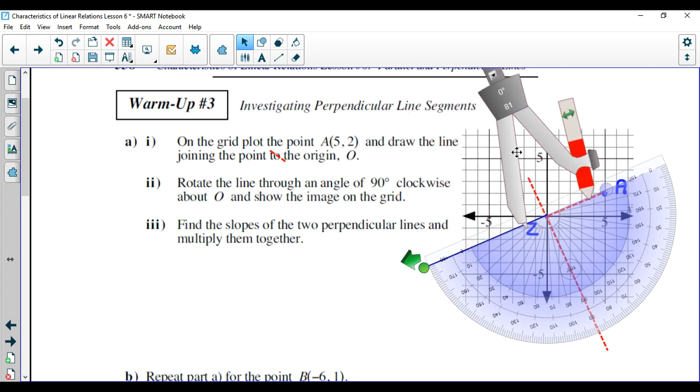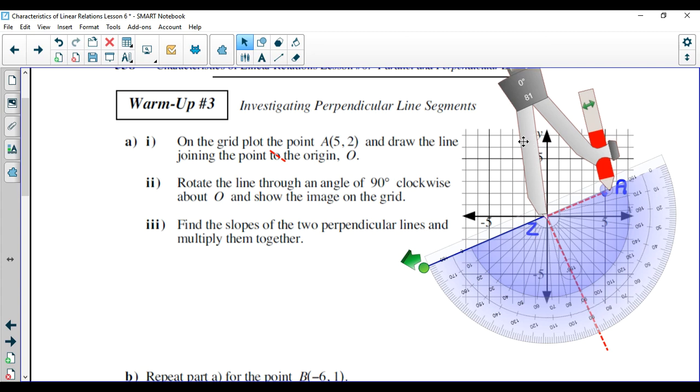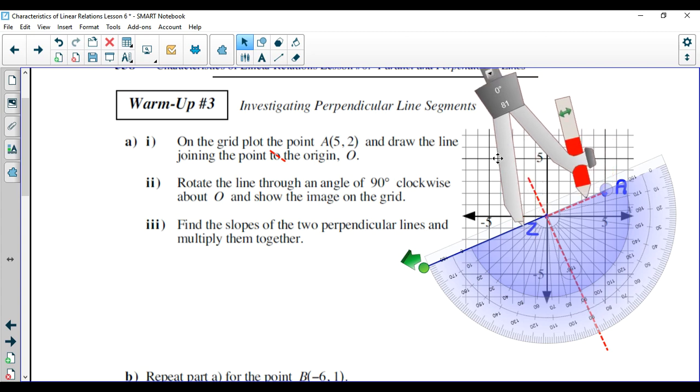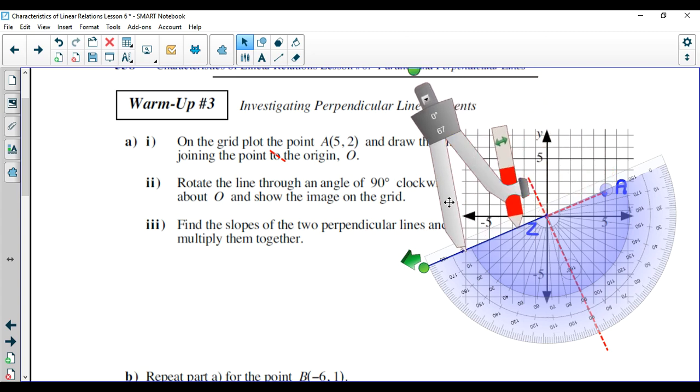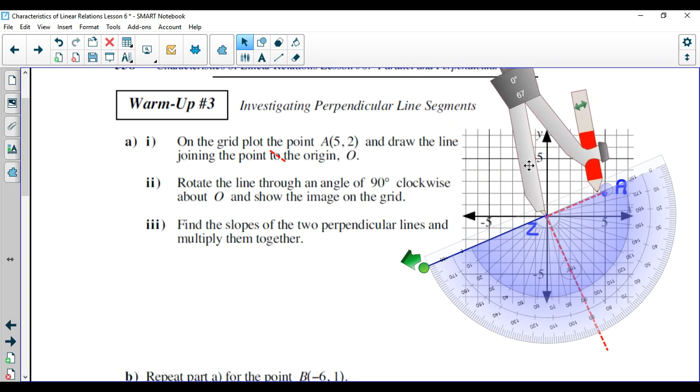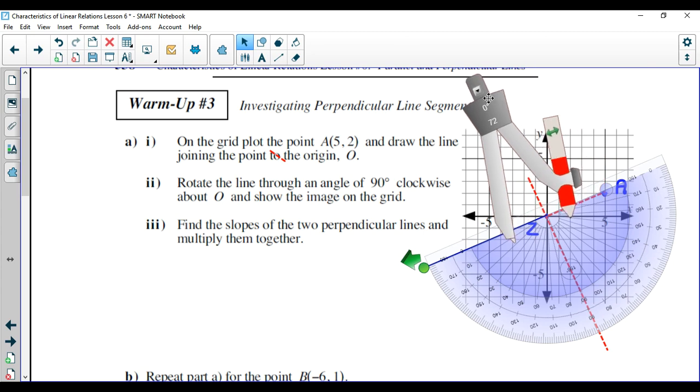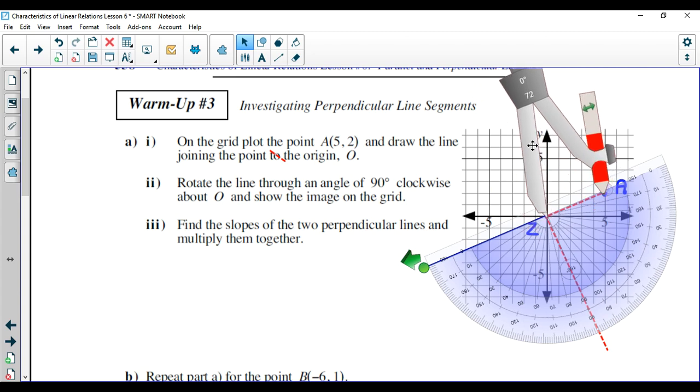Let's get a little bit closer. Not quite again. Okay, pretty close. Rotate just a little bit and see if I can get it. Okay, so that's roughly about the point.